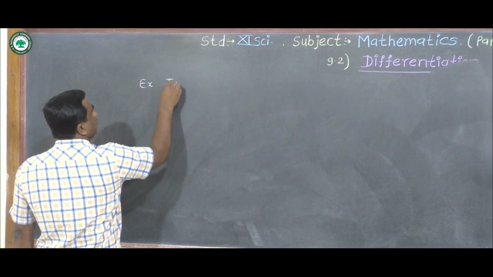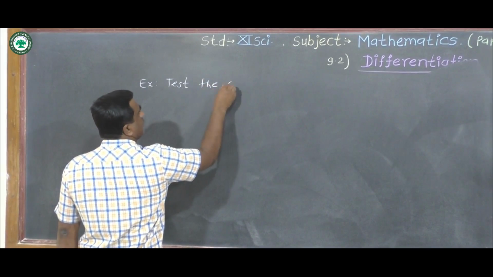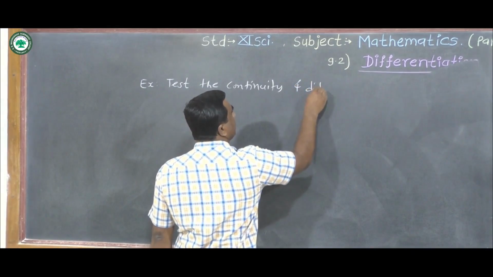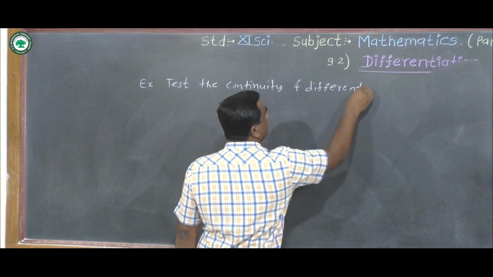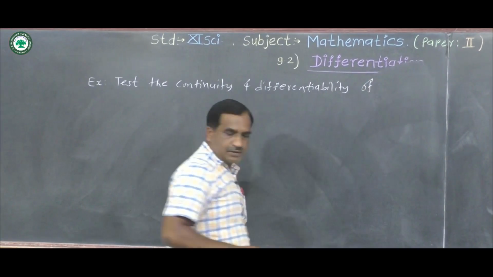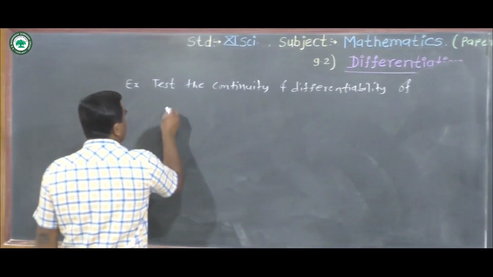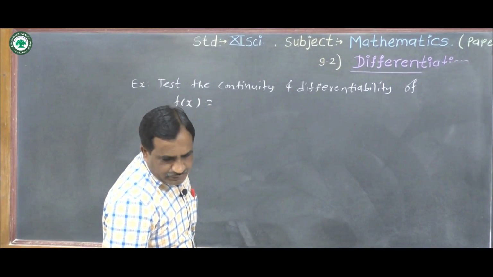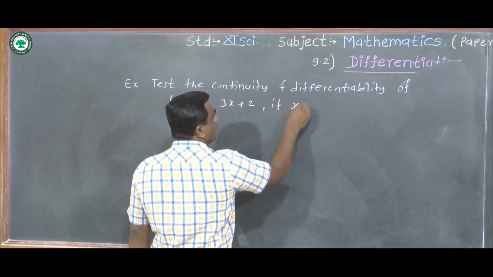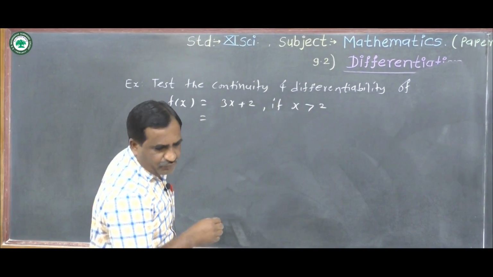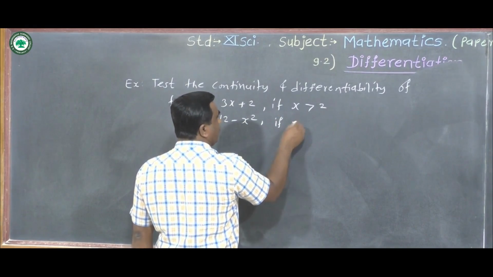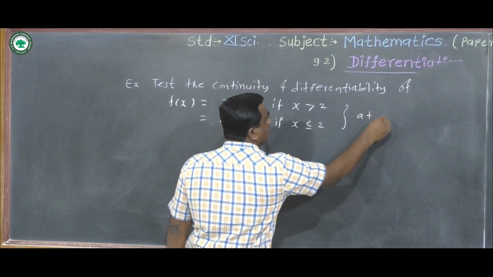Example: test the continuity and differentiability of f of x is equal to 3x plus 2 if x greater than 2, and f of x is equal to 12 minus x square if x less than or equal to 2, at x equal to 2.